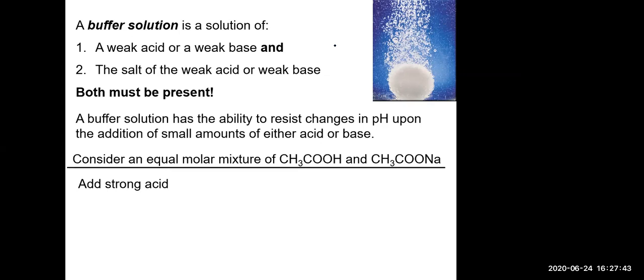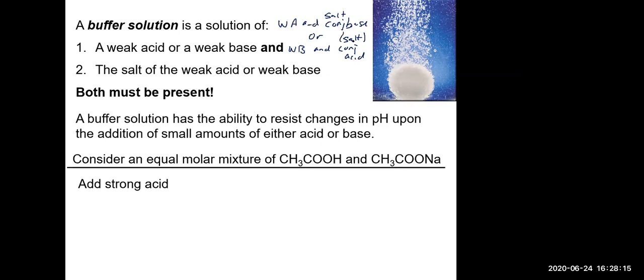It's made up of either a weak acid and its conjugate base, or the salt of its conjugate base. Or you could have a buffer made up of a weak base and the conjugate acid, sometimes referred to as the salt of the conjugate acid.